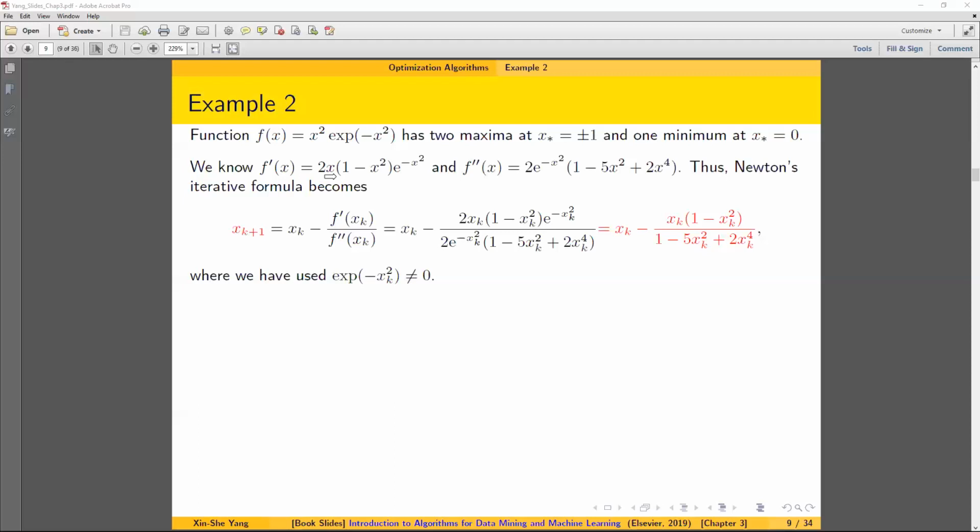So in order to take the first order derivative, you have to take the first order derivative of this, and then the first order derivative in terms of this.